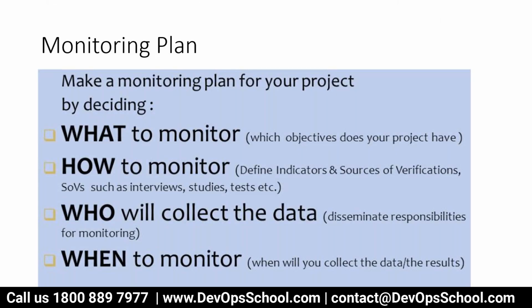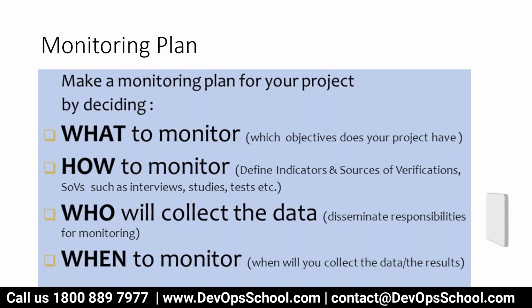When you get into the monitoring plan, you'll have some basic questions like what to monitor, how to monitor, who will collect the data, and when to monitor. These are the primary questions you must have in your mind. What to monitor means which objectives your project has. How to monitor: define indicators and sources of verification, SOPs, and things such as interview studies, test cases, and stuff like that.